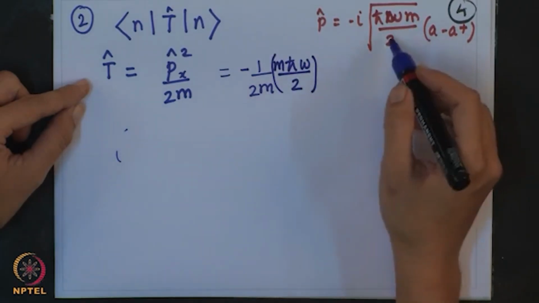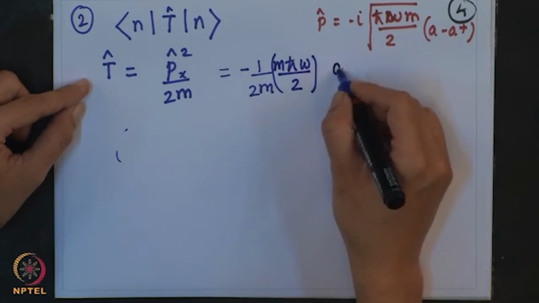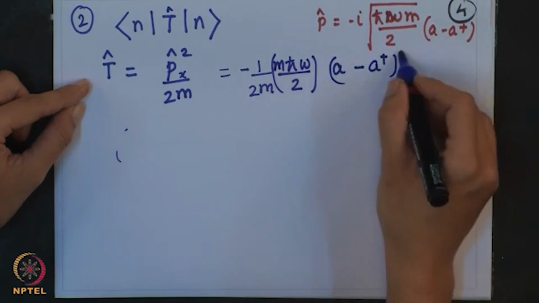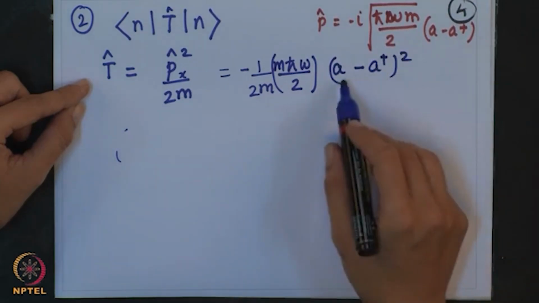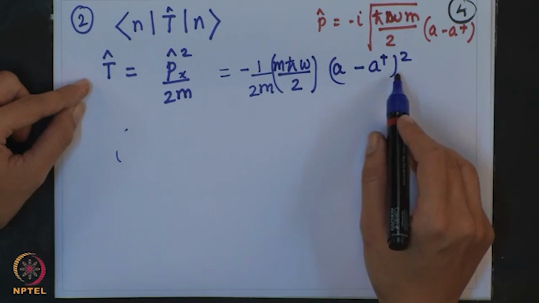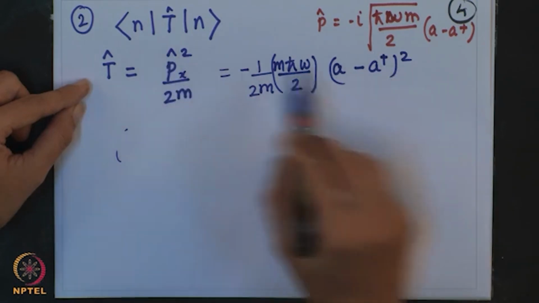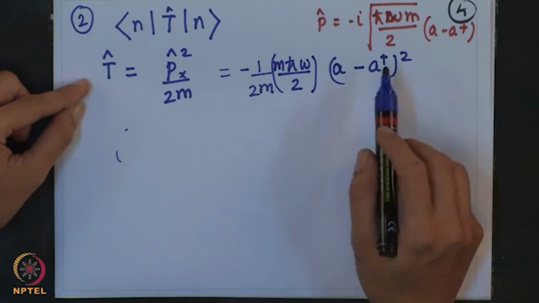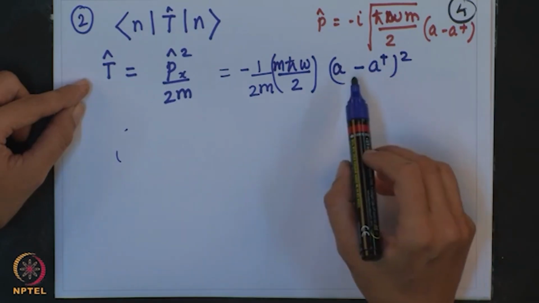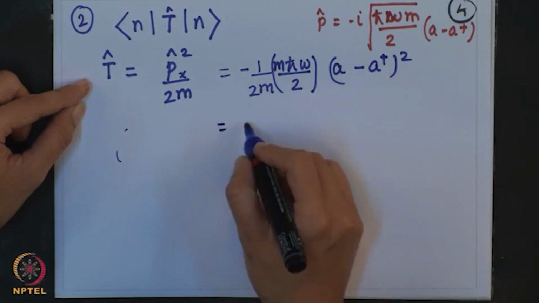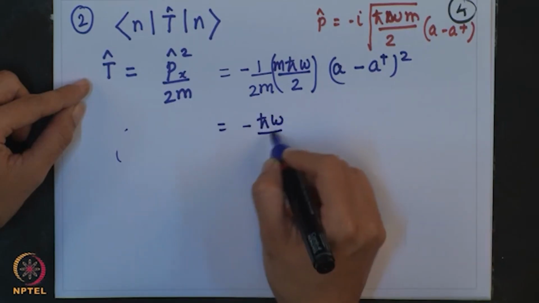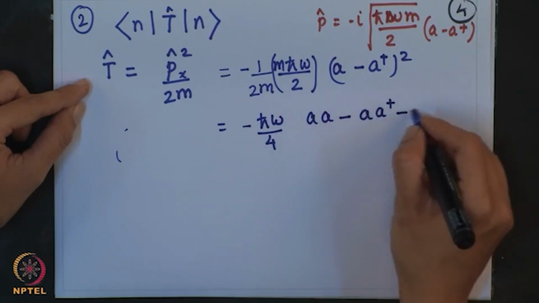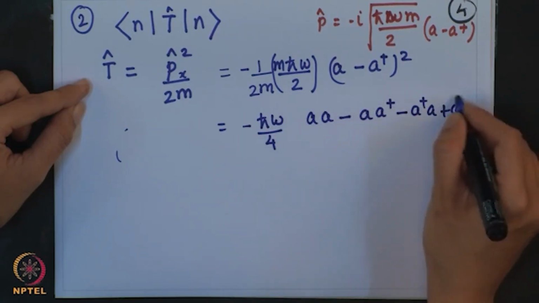Since it was in square root, you have this term, and then you have a minus a dagger whole square. Okay. So, you have to be careful while multiplying these operators, creation and annihilation operators. The position of the operator is very crucial. So, let me simplify this: h cross square omega upon 4 times a a minus a a dagger minus a dagger a plus a dagger a dagger.